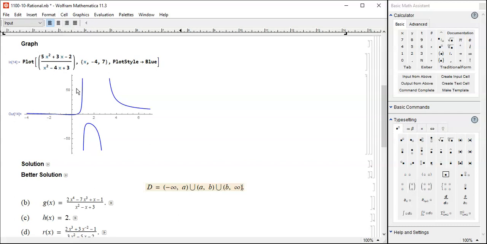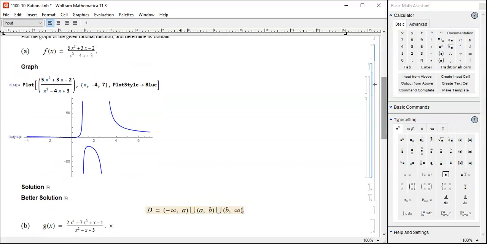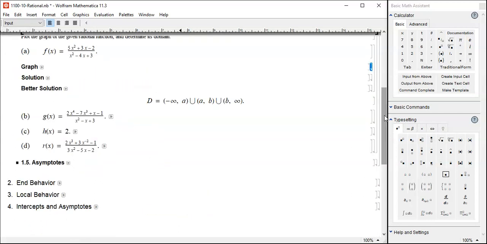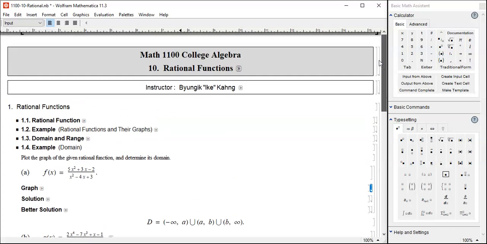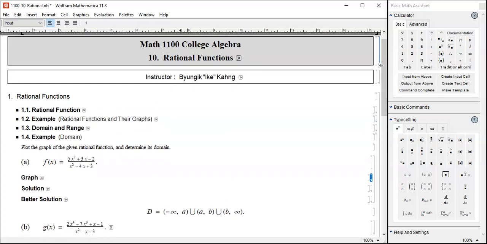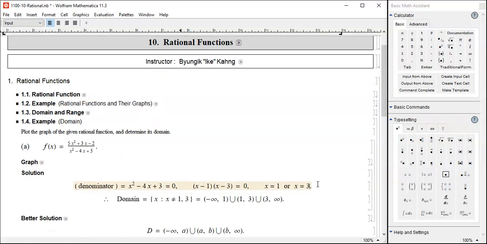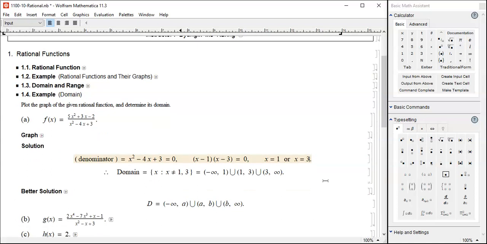Now, as for finding out what A and B are precisely and justifying it, you need to go back to this algebraic expression. How do you do that? Remember, denominator, radical, and logarithm, but 2 of them do not apply, just the denominator only. So here we go. Set the denominator equal to 0. It's an easy quadratic equation. It's monic, so you can factor it and find x equals 1 and x equals 3.